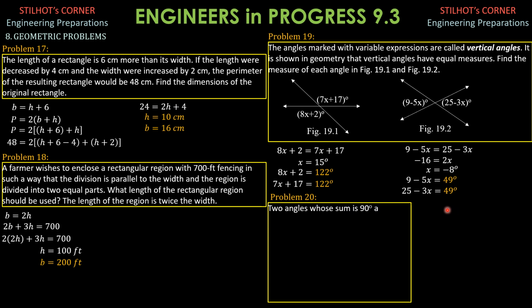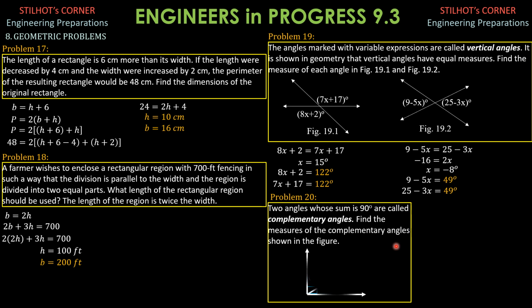Problem 20. Two angles whose sum is 90 degrees are called complementary angles. Find the measures of the complementary angles shown in the figure here. So these are complementary angles.